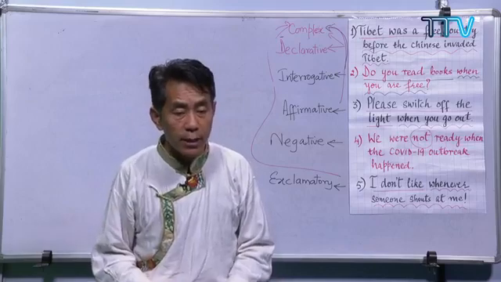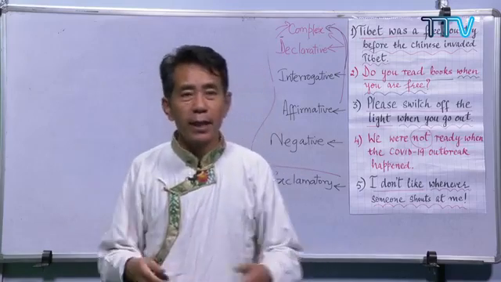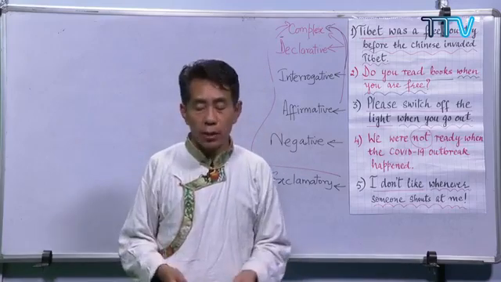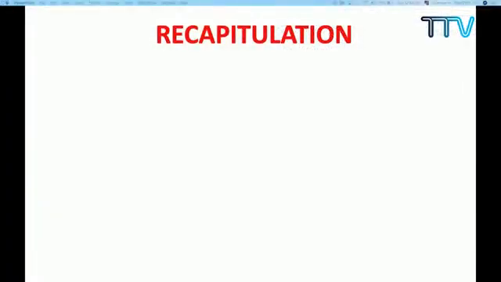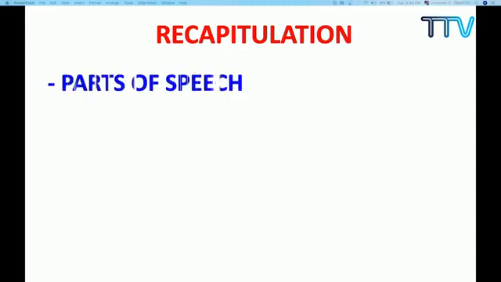Now, let us quickly do a recapitulation of what we have done during these two sessions. First, we have done the parts of speech. Right from the basics, we started with parts of speech. There are 8 parts of speech. And from the parts of speech, we have taken one very important part, verb forms, in detail.